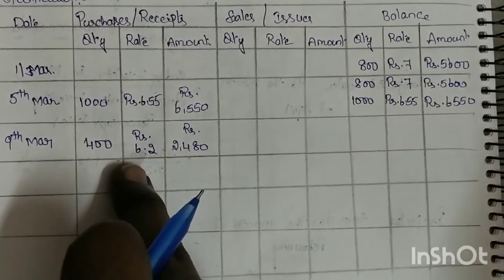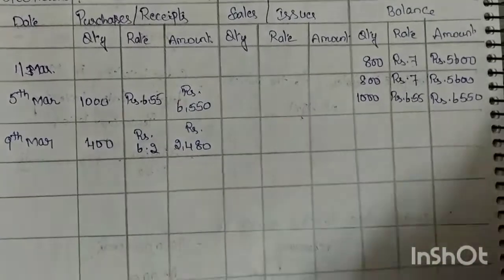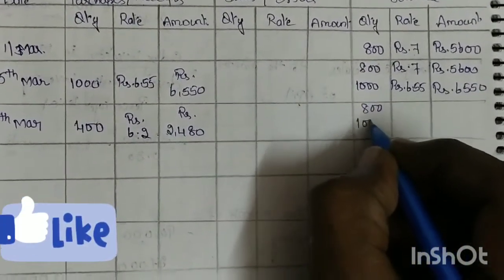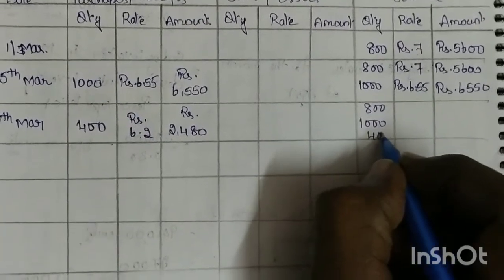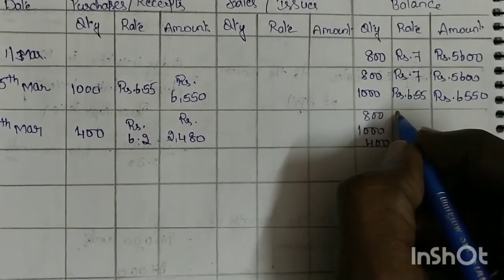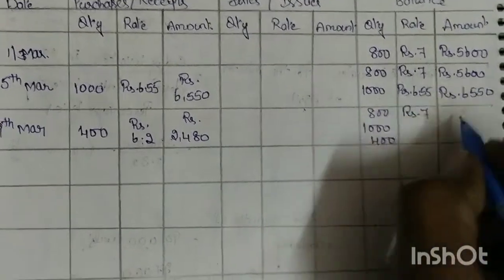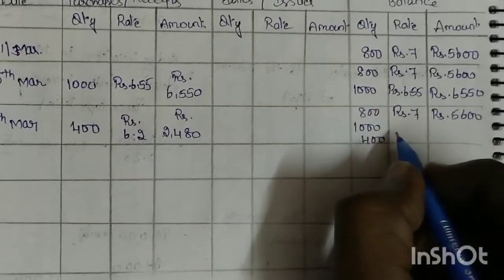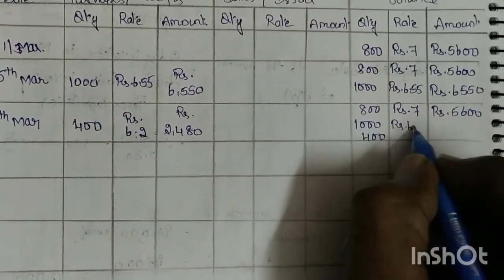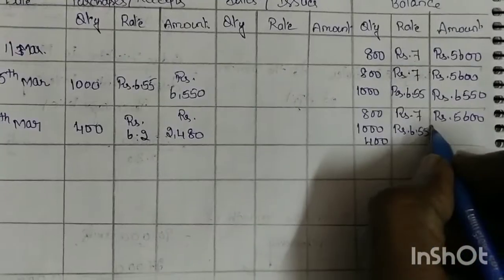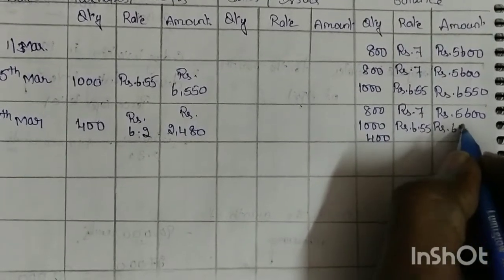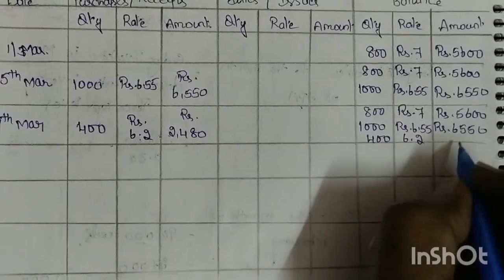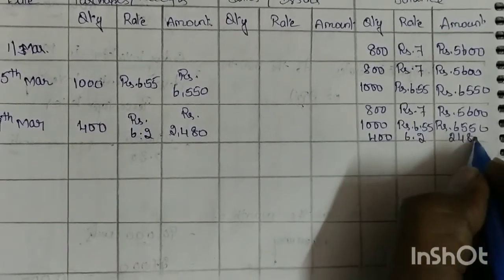Again the rate per unit is different, so you have to write all the amounts separately. First write 800, 1000 and now 400. 800 into rupees 7, the amount will be rupees 5600, 1000 units into rupees 6.55, the amount will be 6550, and now 400 into 6.2, the amount will be 2480.